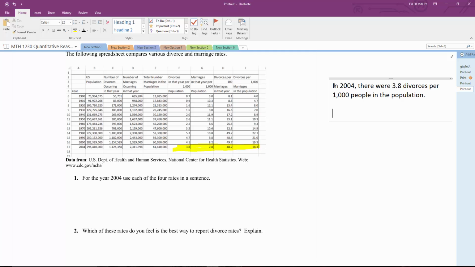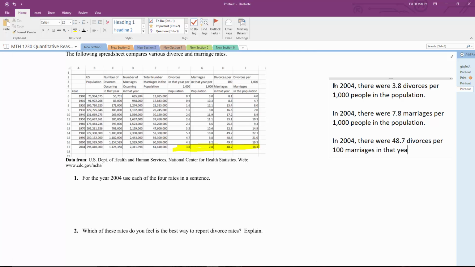So the next number is 7.8, we could say in 2004, there were 7.8 marriages per 1,000 people in the population. For the fourth number, 48.7, we could say in 2004, there were 48.7 divorces per 100 marriages in that year.